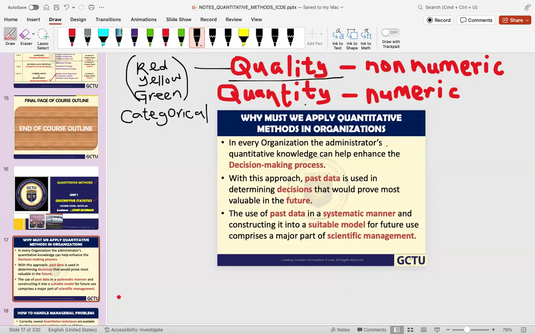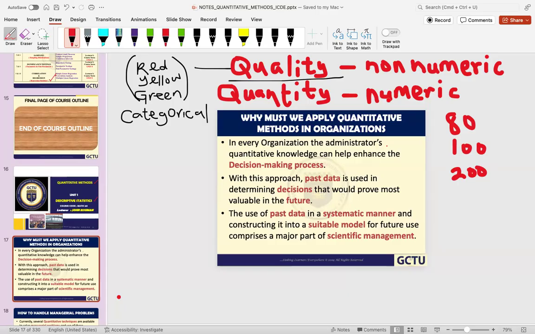And then when it comes to quantity, you are dealing with numbers. So when I write 80, and I write 100, and I write 200, without blinking your eye, you know which of them is the biggest and which of them is the smallest. Why? Because they are numeric.